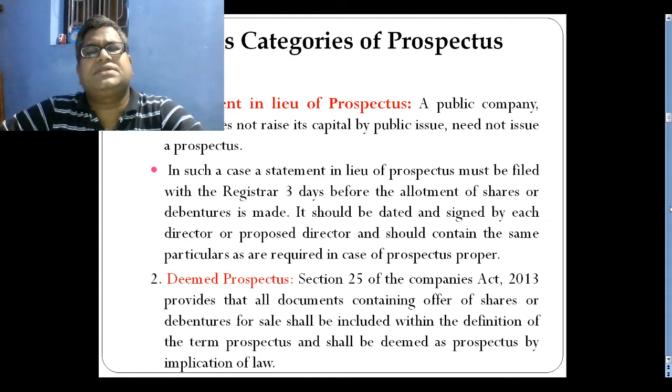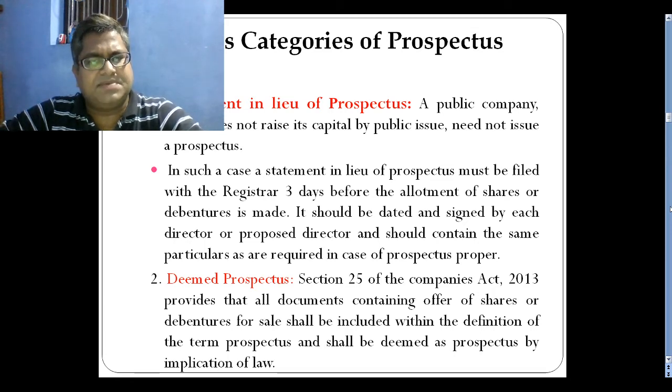Sometimes the company does not raise capital by public issue, so it does not issue a prospectus. Instead, a statement in lieu of prospectus is prepared and filed with the Registrar within 3 days of the allotment of shares or debentures.